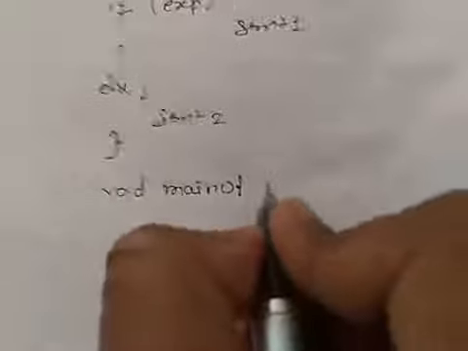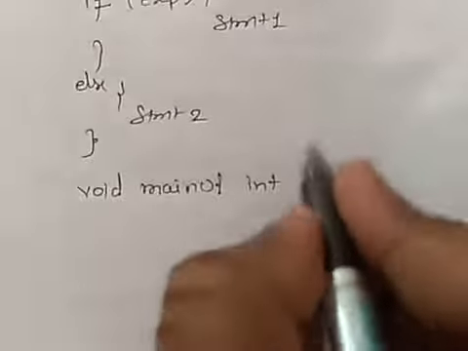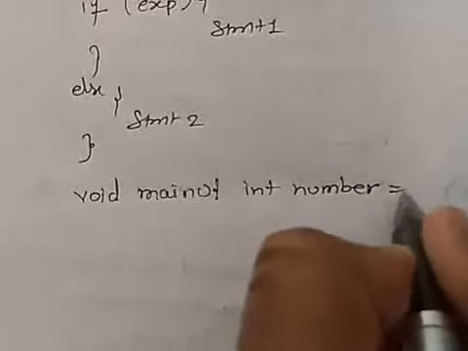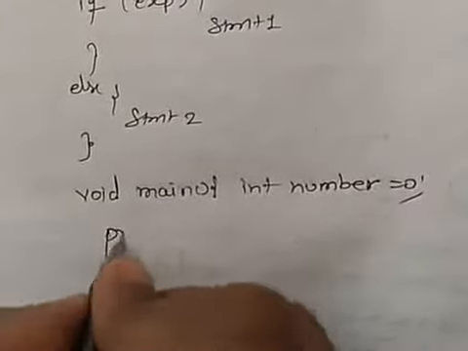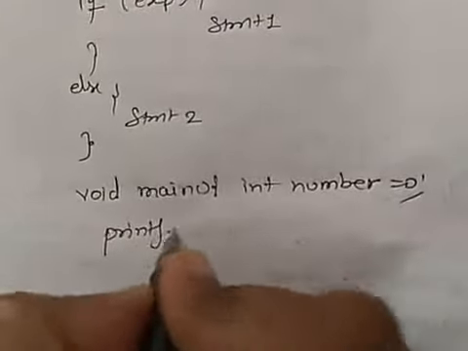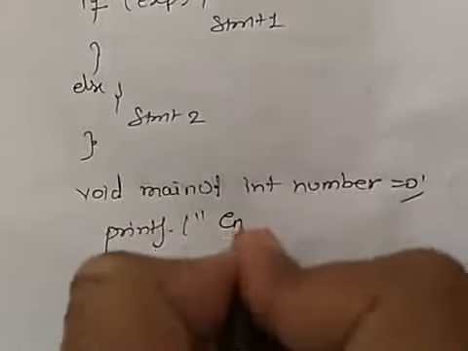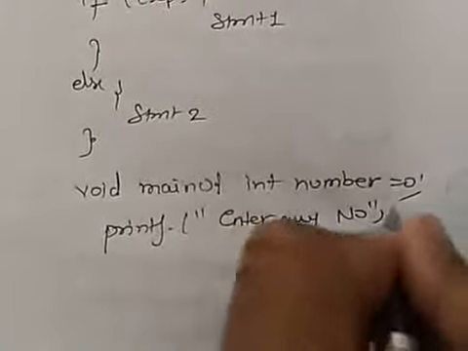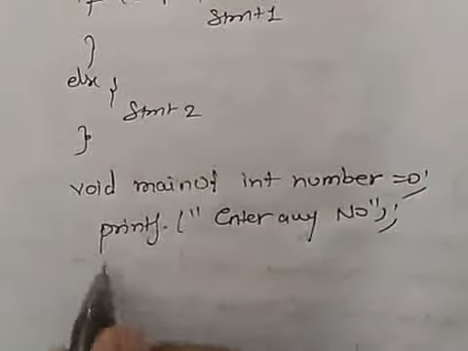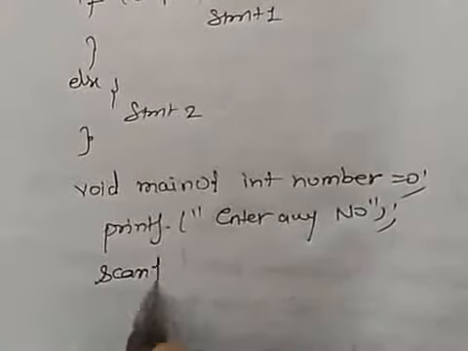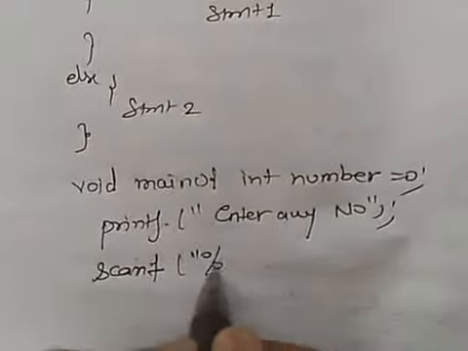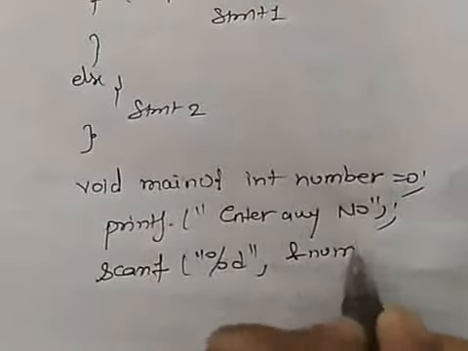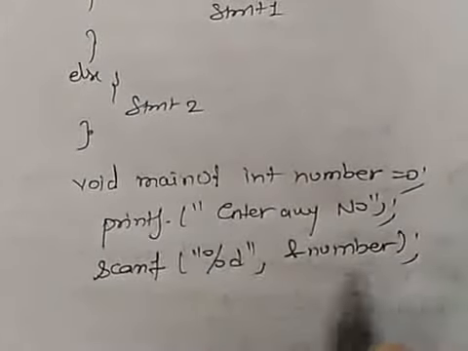Inside the main function take a number equal to 0, printf enter any number, scanf %d, address of number.